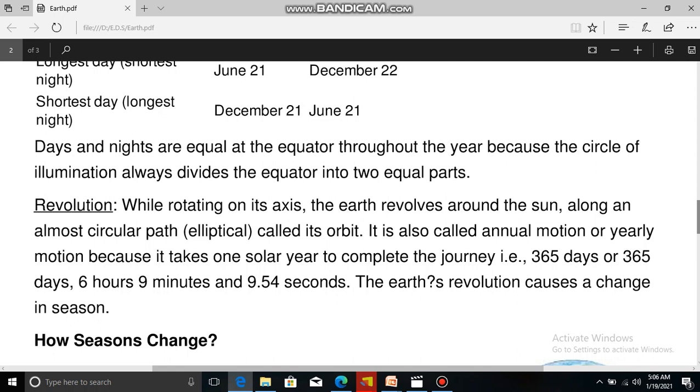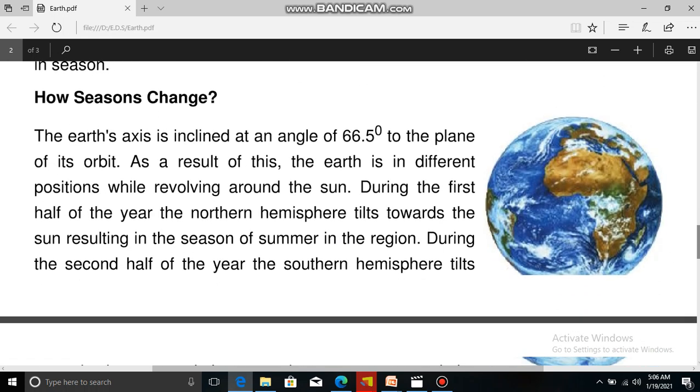The Earth's revolution causes a change in the seasons. How do seasons change? The Earth's axis is inclined at an angle of 66.5 degrees to the plane of its orbit. As a result, the Earth is in a different position while revolving around the Sun.